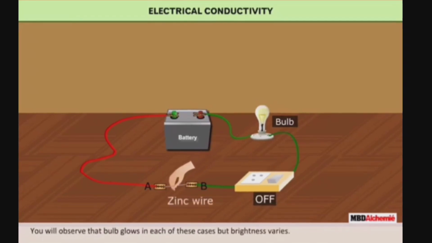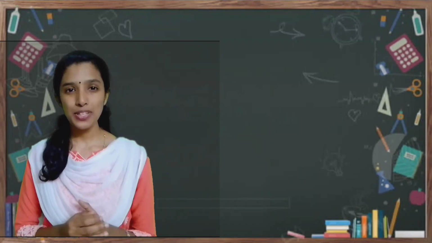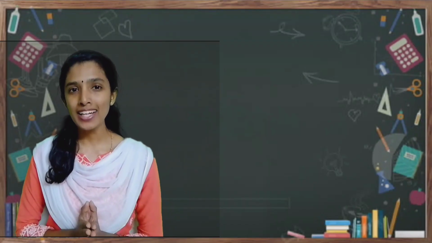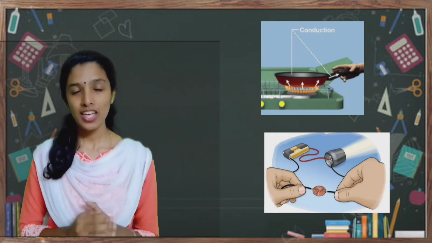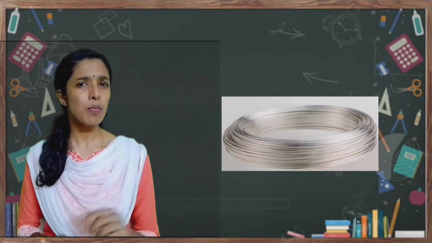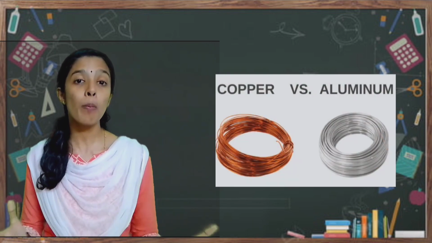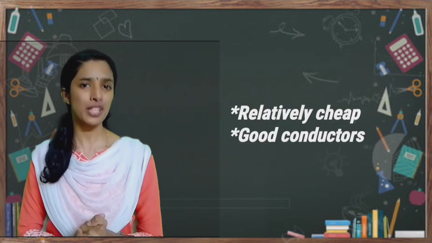You will observe that the bulb glows in each case, but the brightness varies. Thus, we can conclude that metals are good conductors of electricity. From these activities, we are able to conclude that metals are good conductors of heat and electricity. Silver is the best conductor of electricity, but we can see most electric wires are made of copper and aluminium. That's because they are cost efficient and also good conductors.